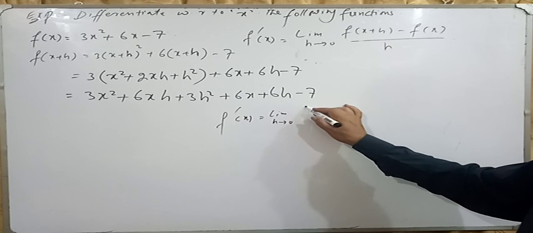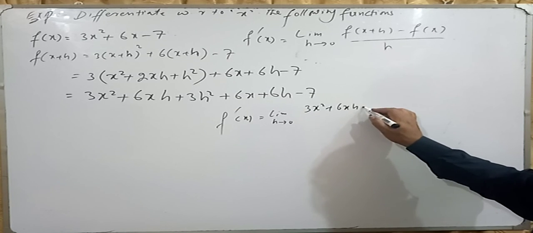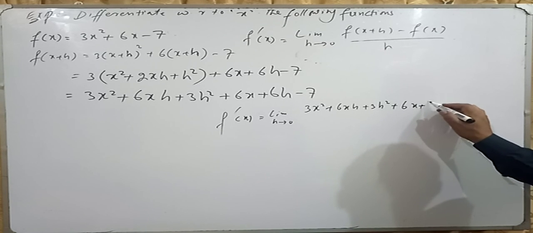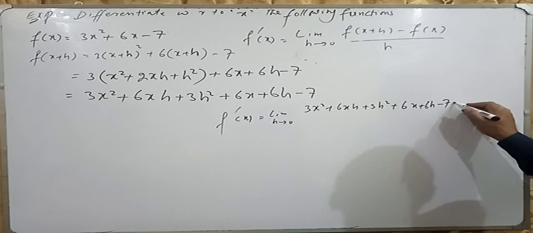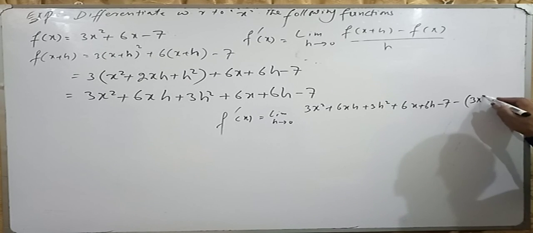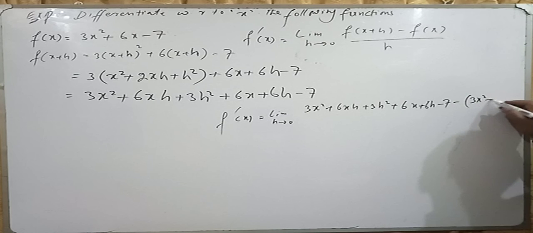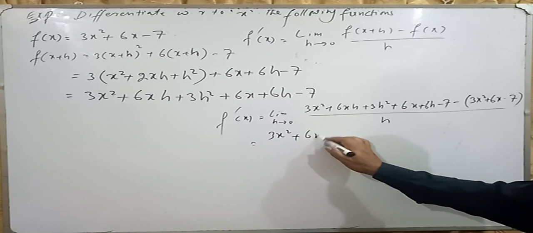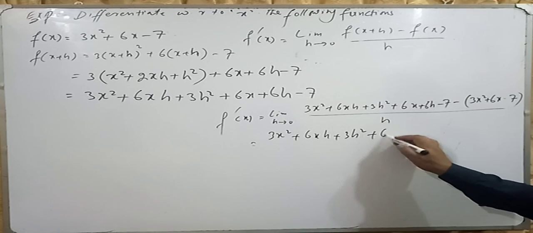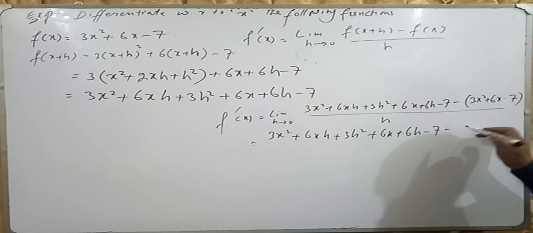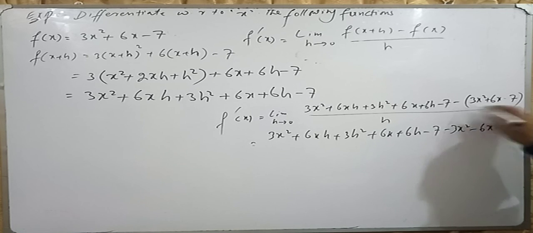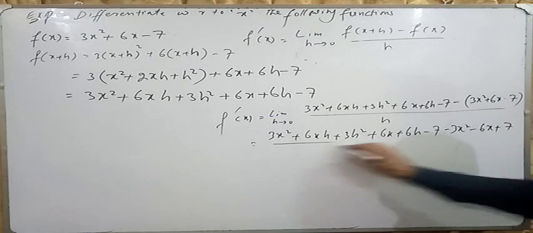Instead of f of x plus h, we will put 3x square plus 6xh plus 3h square plus 6x plus 6h and minus 7, minus 3x square plus 6x minus 7, the value of f of x, divided by h. Now minus multiplied by plus gives minus 3x square, minus 6x, and minus into minus gives plus 7, divided by h.